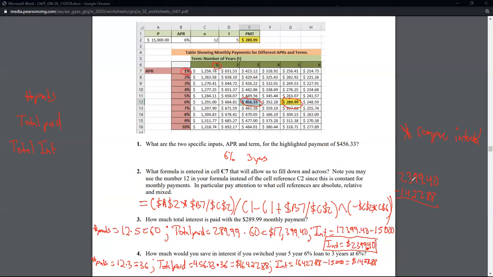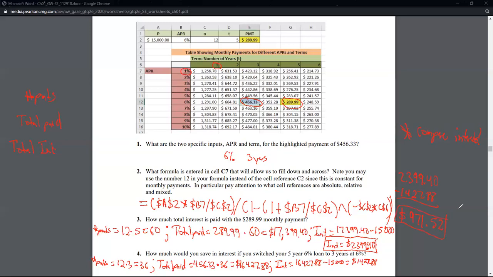So if we take 2399.40 and subtract 1427.88, you get 971.52. That was ugly. 971.52.